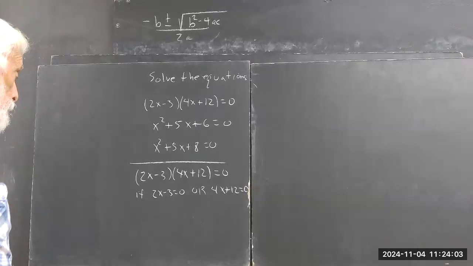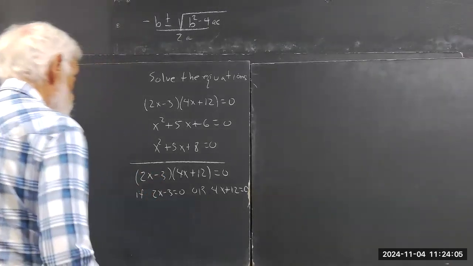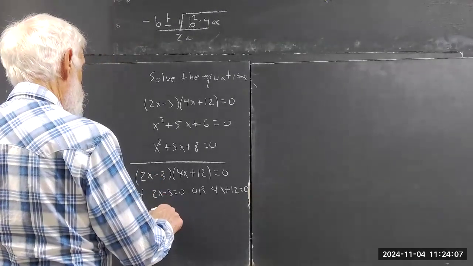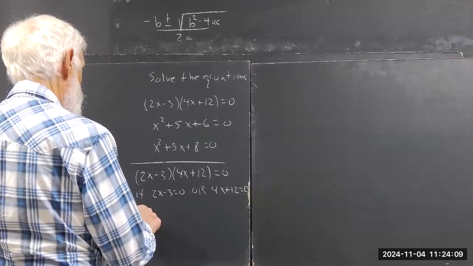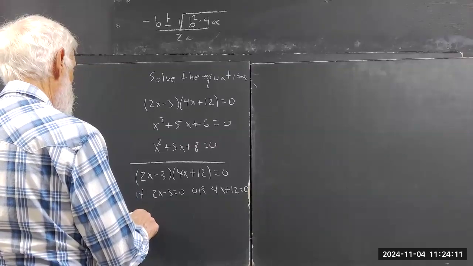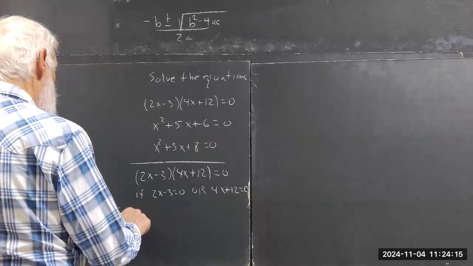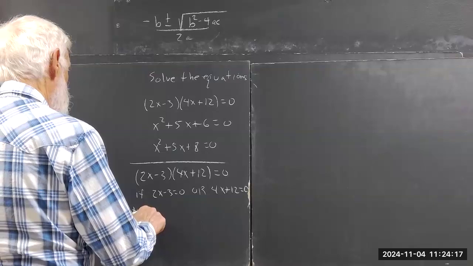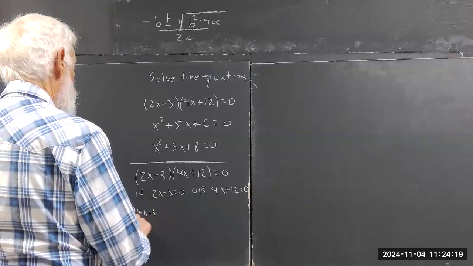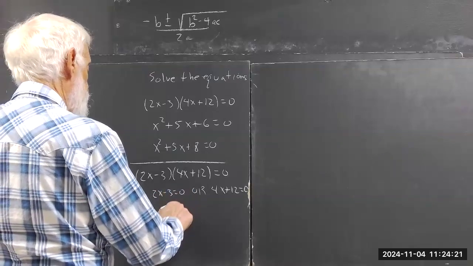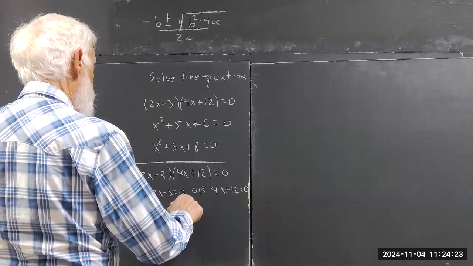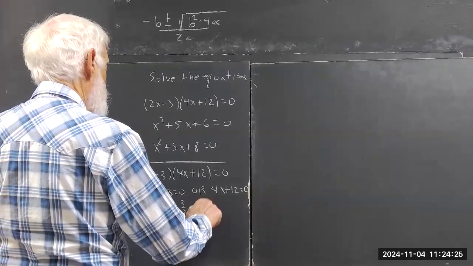Okay. Next is the zero property of multiplication. We solve this. So the solution is, well, you solve this, you get x equals 3/2.